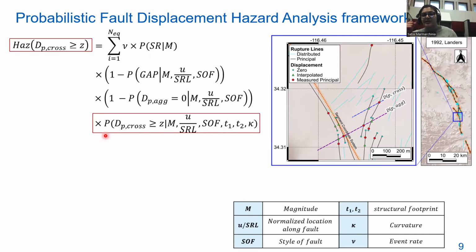This probability of exceedance includes 4 components. First is the model for aggregate displacement, which we have from previous work. The other 3 components are the number of overlapping ruptures, the amplitude ratio, and the normal distance to the fault. In the next slides, I will describe the models we adopted for these new 3 components.